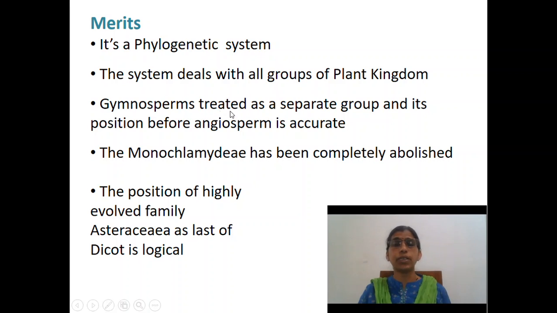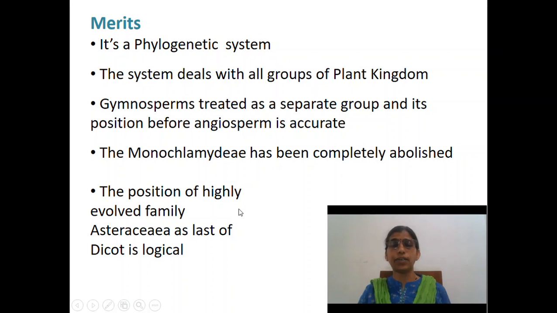Gymnosperms are treated as a separate group and their position before angiosperms is accepted. The joining up of polypetalae and monochlamydeae into Archichlamydeae is widely accepted, that is, the Monochlamydeae has been abolished.